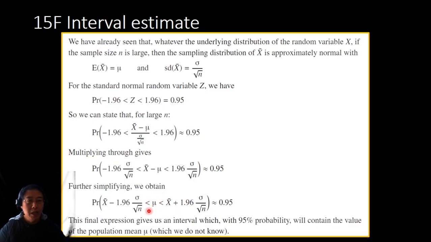Remember, mu, the mean of the population, is what we're after, and that gives us the interval for which we have a probability of 95%. So that interval will contain the value of the population mean mu, which is what we want to find out.